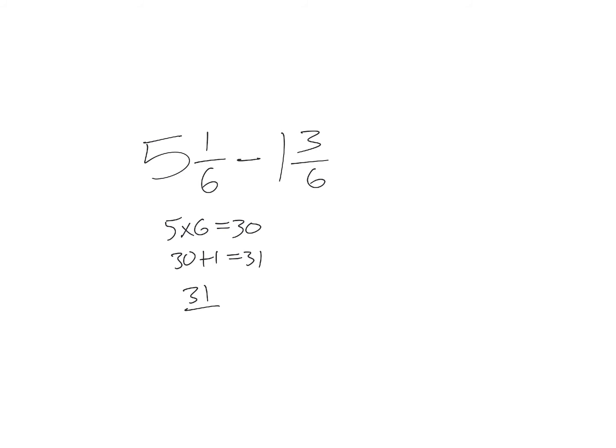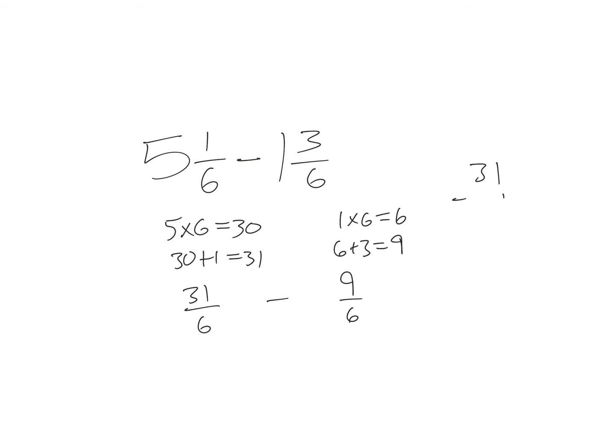So I have 31/6. And then over here, I have 1 times 6 equals 6. 6 plus 3 equals 9. It gives me 9/6.